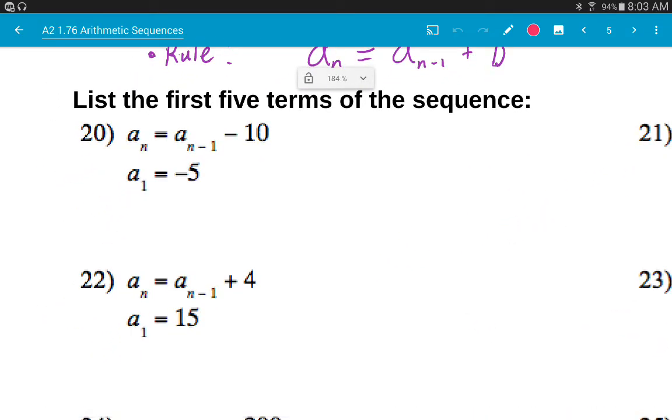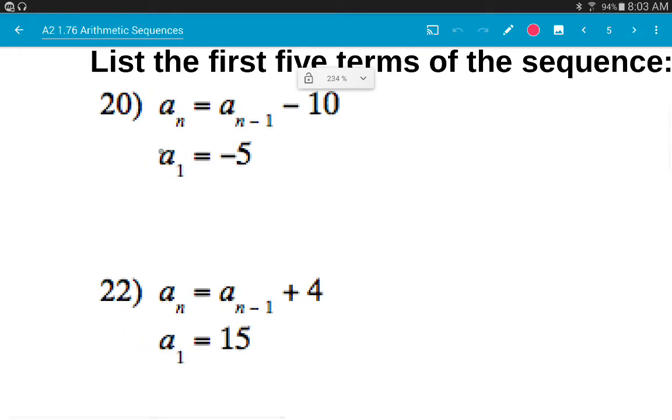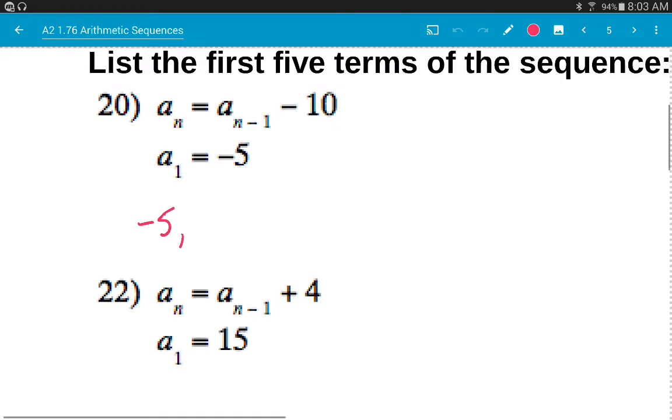So let's list the first 5 terms of the sequence. We have our first term, and we have our rule. So a sub 1, the first term is negative 5. Now what's the rule?